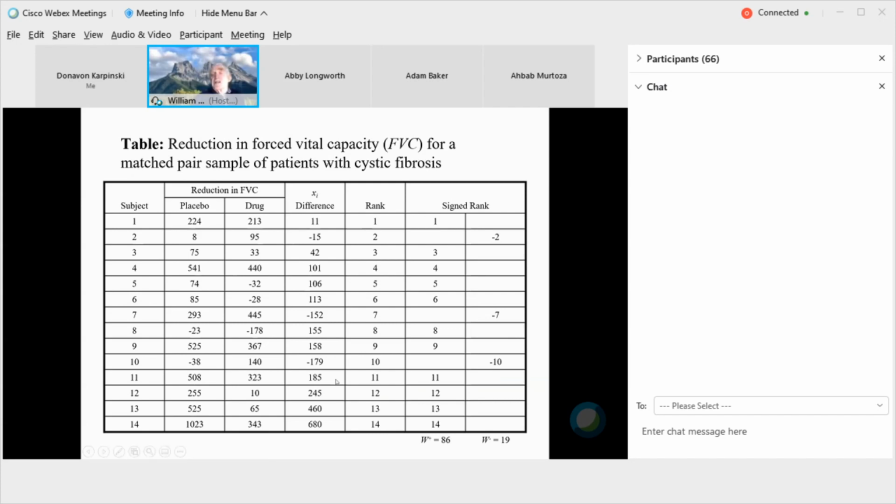Some of these ranks are attached to positive differences, some to negative differences. W plus is the sum of the ranks attached to positive differences, W negative is the sum for the ones attached to negative differences.